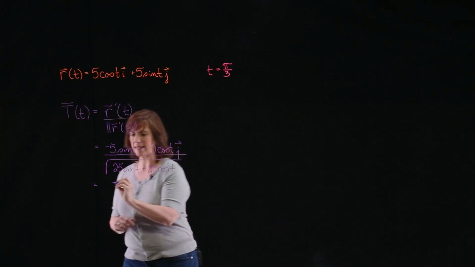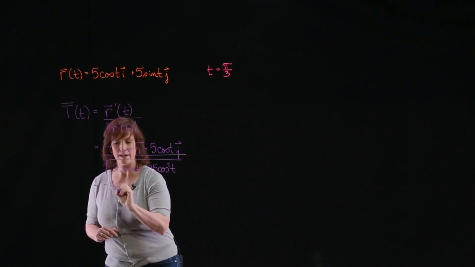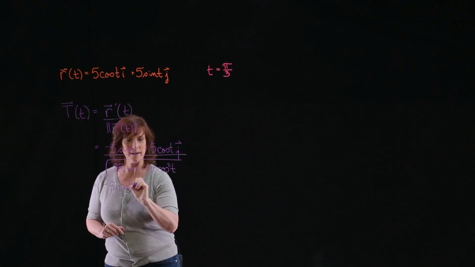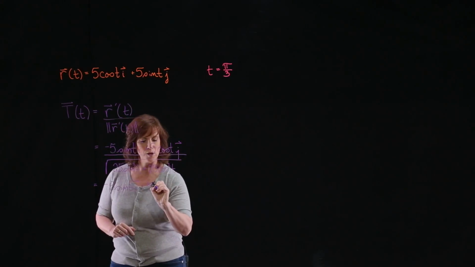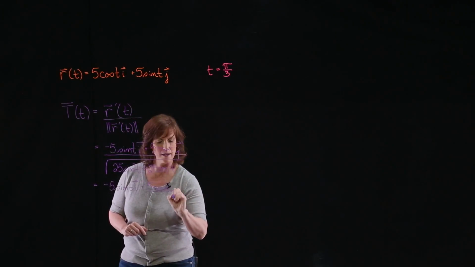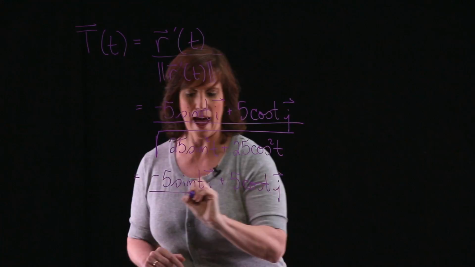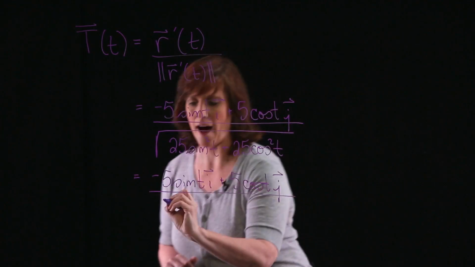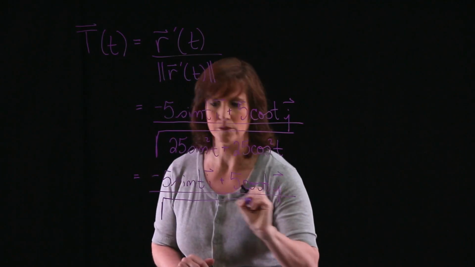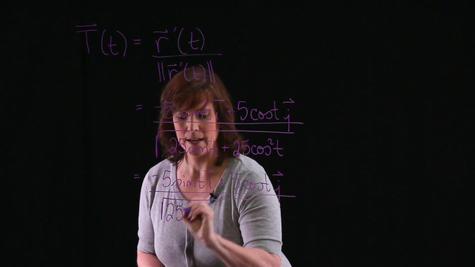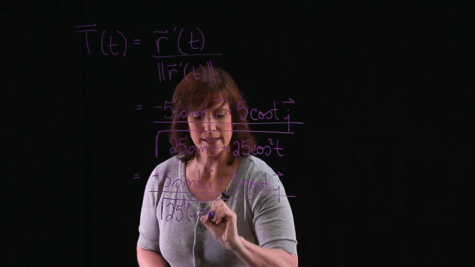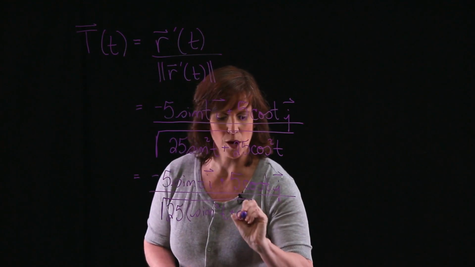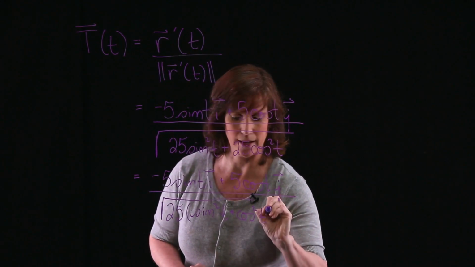The numerator remains the same, minus 5 sine t i plus 5 cosine t j. And notice what happens in the denominator. I can factor out a 25, and I have the square root of 25 times the quantity sine squared t plus cosine squared t.